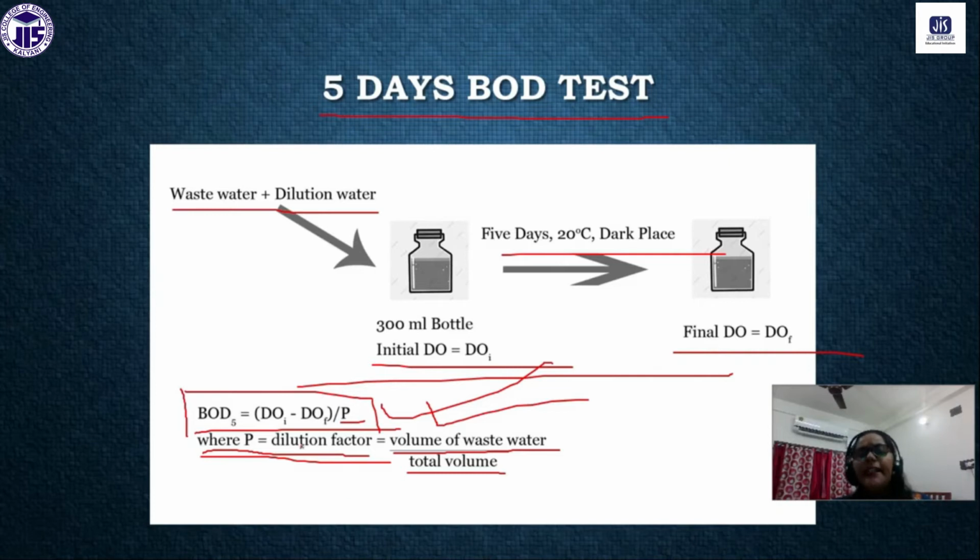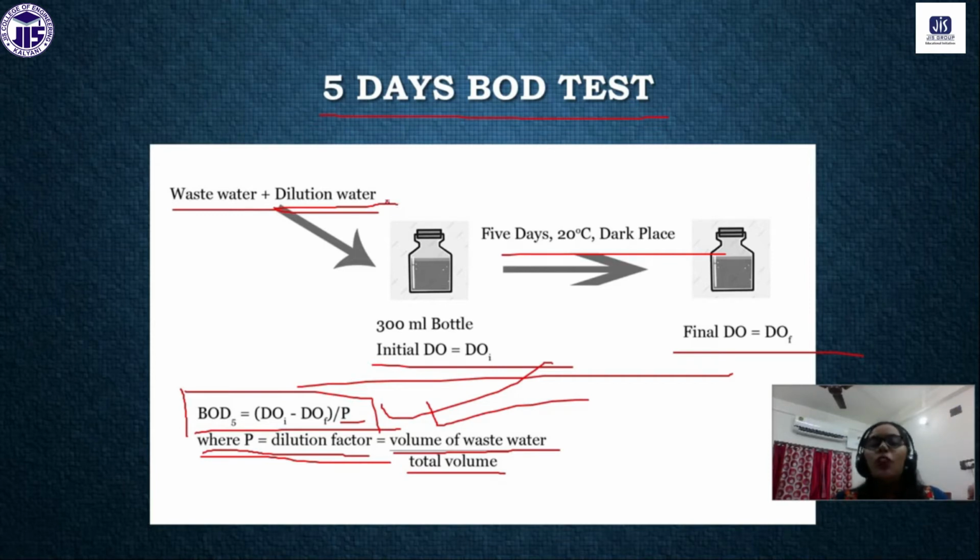Now tell me, is this the BOD of actual sample? No, not at all. Because here we didn't consider the BOD of the water, which is used for the dilution purpose. Understand? So we have neglected this parameter.